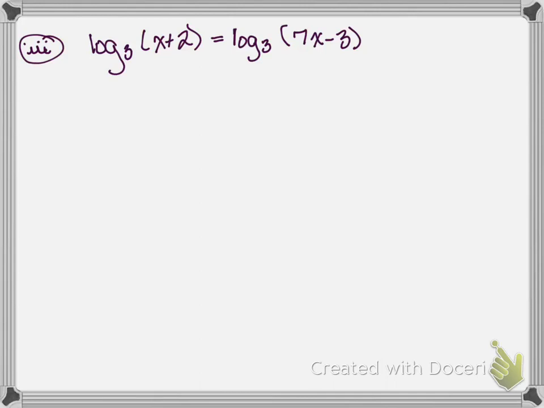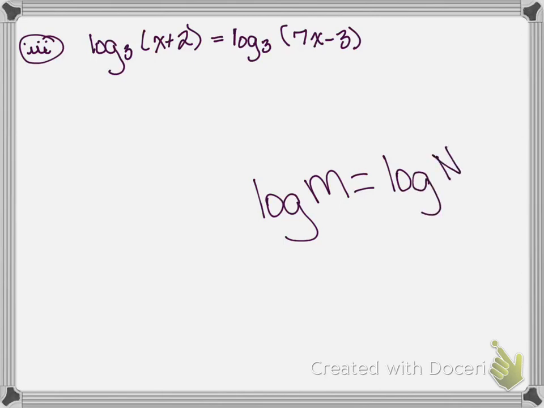So this one is log base 3 of (x plus 2) equals log base 3 of (7x minus 3). And this one's not bad at all. Because if I've got log of m equals log of n, and these logs have the same bases, which is one of our properties, then I can assume that m equals n.